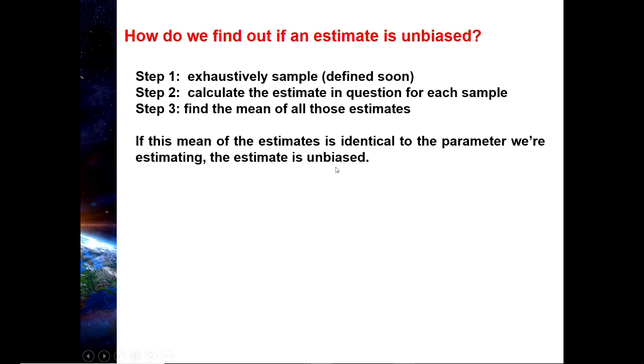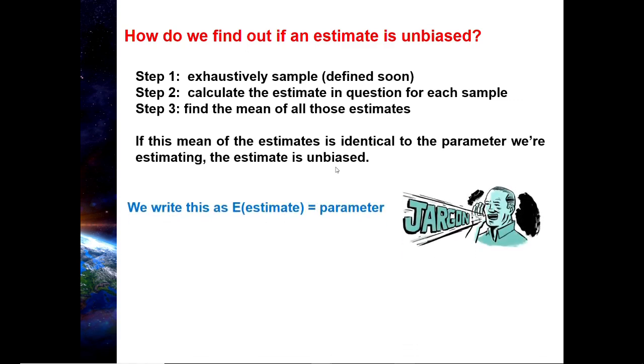All right? So let's run through an example here. First, a little bit of jargon. All right, so we've already said that if we get all of our estimates and we calculate the mean of those estimates, as long as this mean is equal to the corresponding parameter, we know our estimate is unbiased.